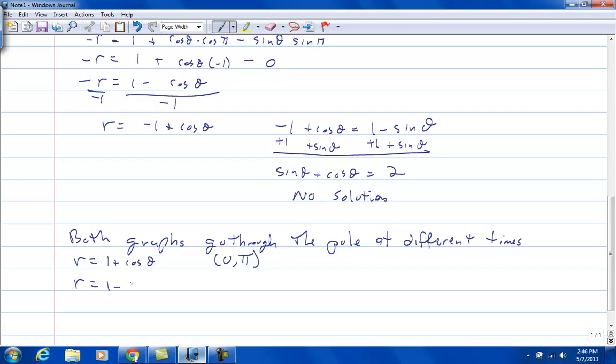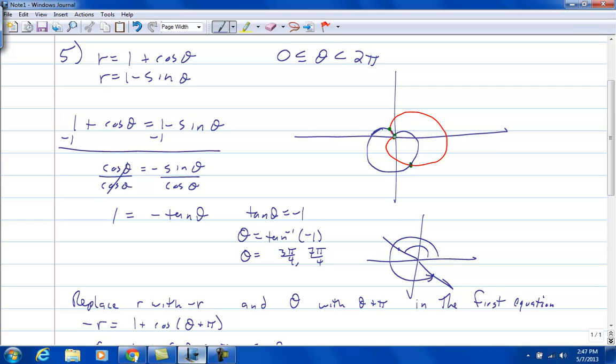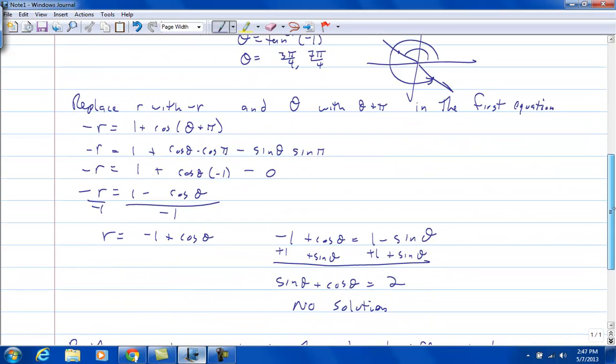r equals 1 minus sine theta. Now r is 0 for this, 1 minus sine theta, whenever 1 equals sine theta. So theta would be pi over 2. So it'll go through 0 comma pi over 2. But we know by observation it goes through there but not at the same time. They're both going through this pole here but not at the same time.